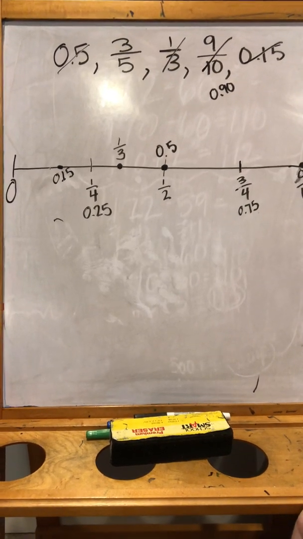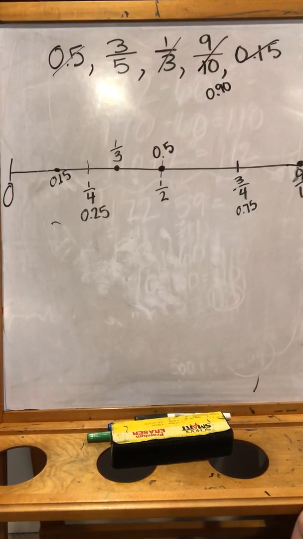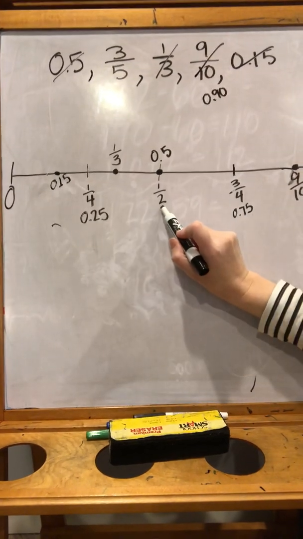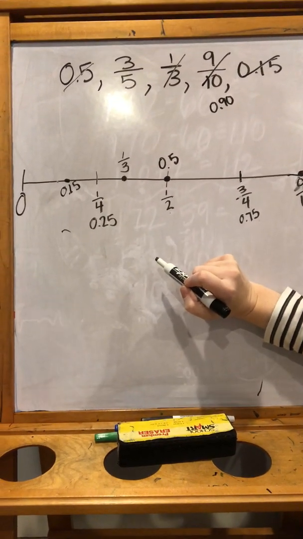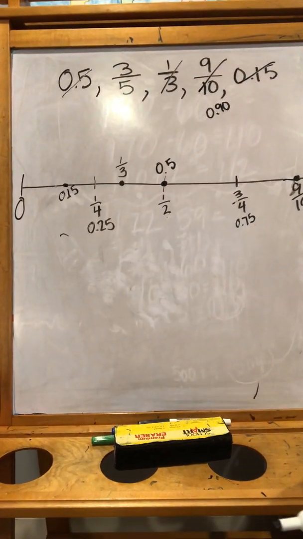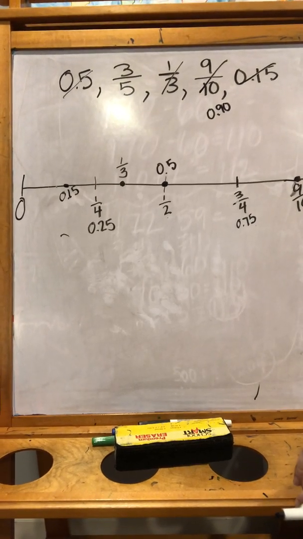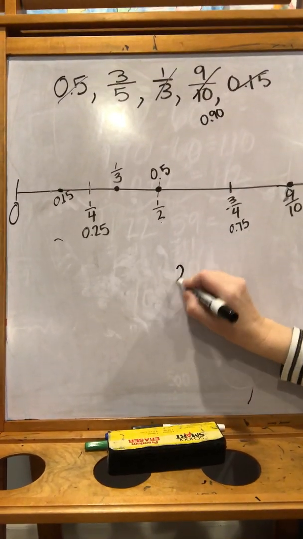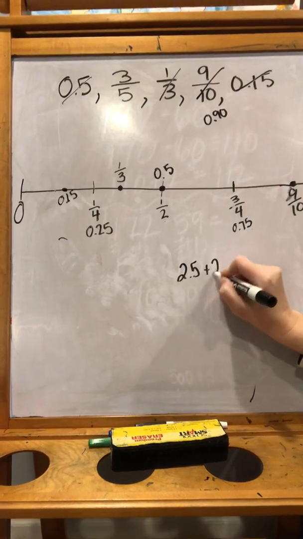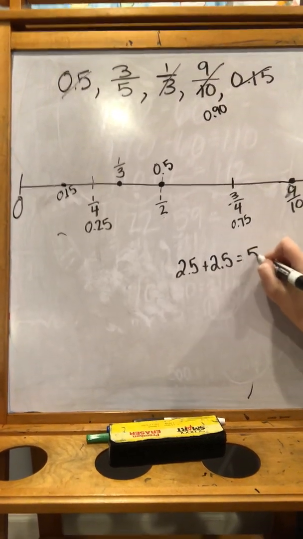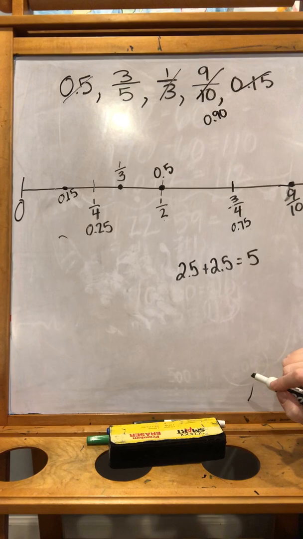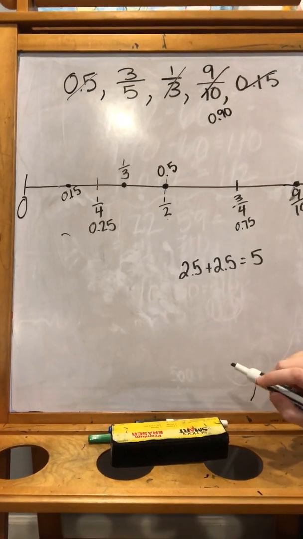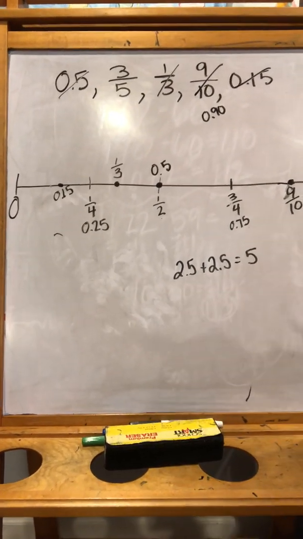It's a little more than 1/2, my benchmark, which is 1/2. And the reason I know that is 2.5 plus 2.5 gives us 5. So for some of you, if you're thinking of cookies, you're thinking of 5 cookies, you'll each get 2 wholes and half of another.